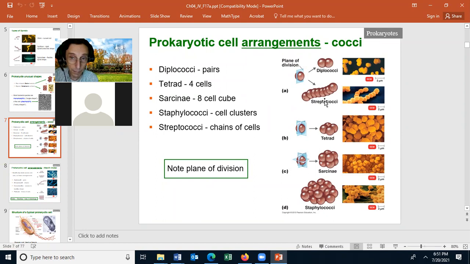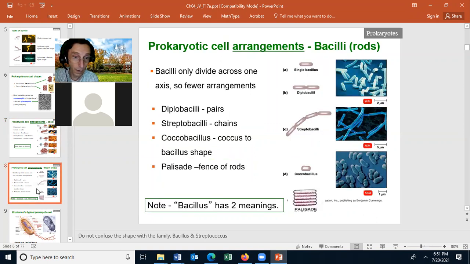There is also a Streptococcus, and that is a family of bacteria. The Streptococcus will be a capital S, and although the Streptococci here is with a capital, usually when you see it in a sentence and it's referring to the growth arrangement, it'll be a lowercase s. Any question about any of that? All right, so don't confuse the family name with the cellular growth arrangement or the shape of the cell.